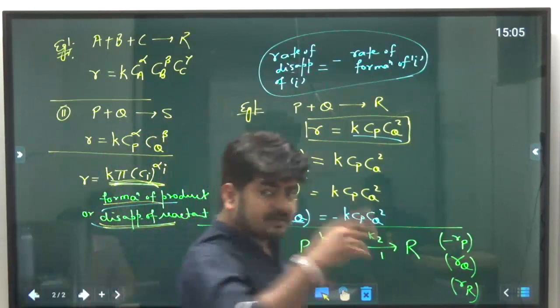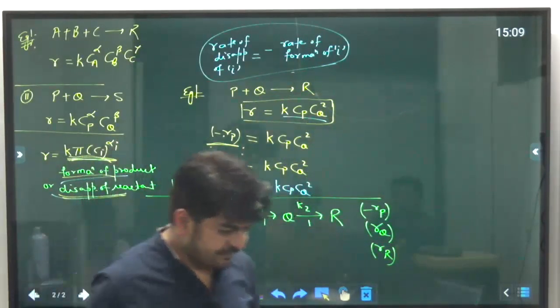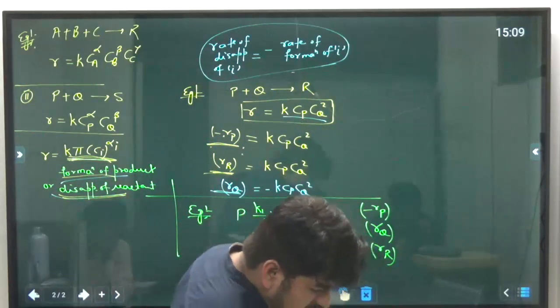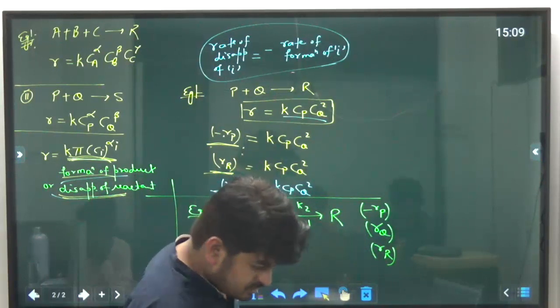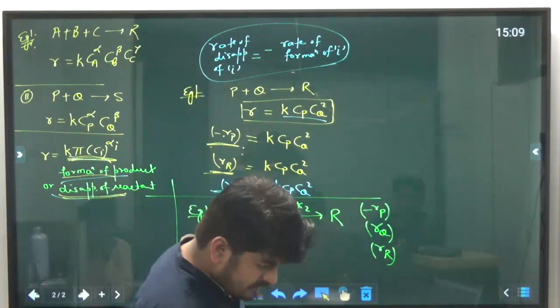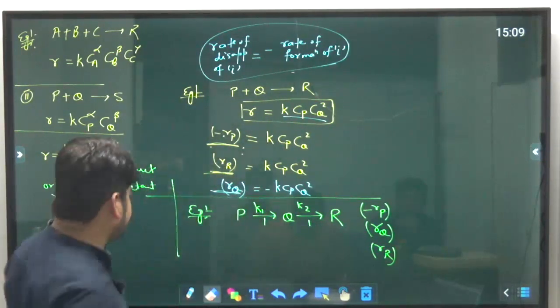So what is the answer, guys? Here as well we have few answers. Rq is K2Cq minus K1Cp, same as you. K1Cp minus K2Cq. Oh my god, plus minus confusion.